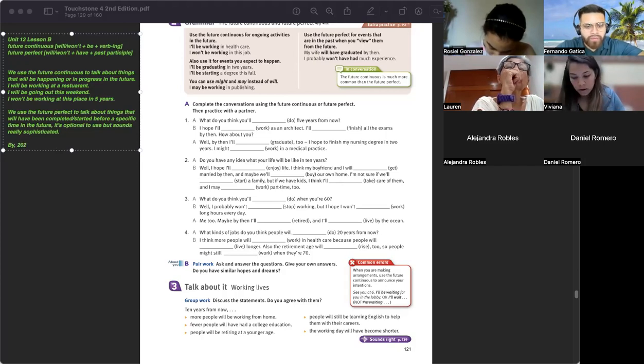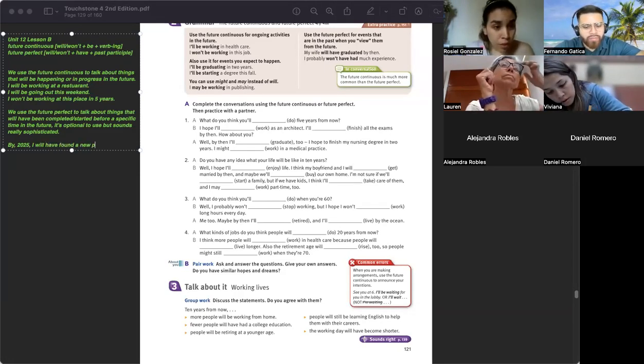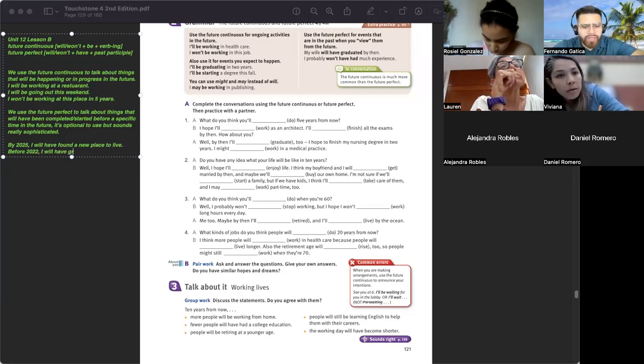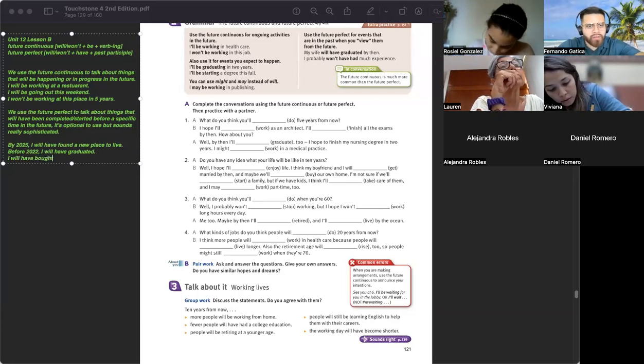By 2025, I will have found a new place to live. Before 2024, I will have graduated. I will have bought a new house before the end of the year.